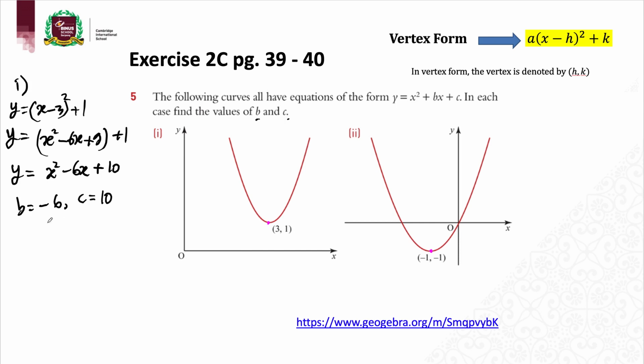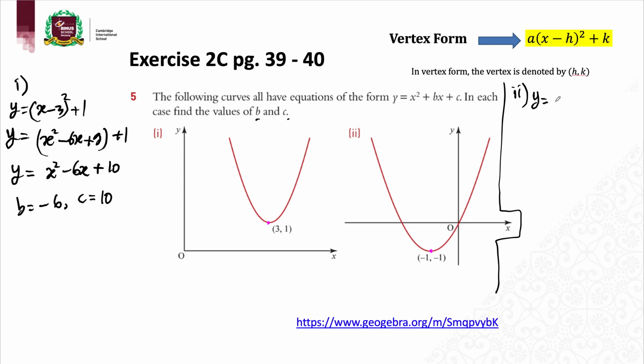Okay, how about part II? Let me write it here. Okay, so in part II, you are also given the vertex, right? Negative 1, negative 1. So the vertex form is y equals, since a equals 1, correct? According to this, right?